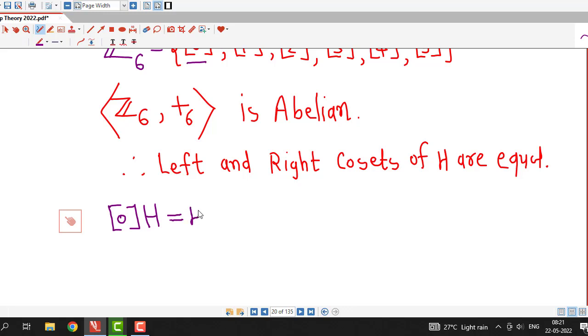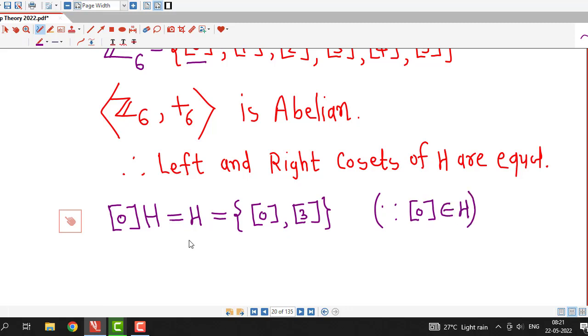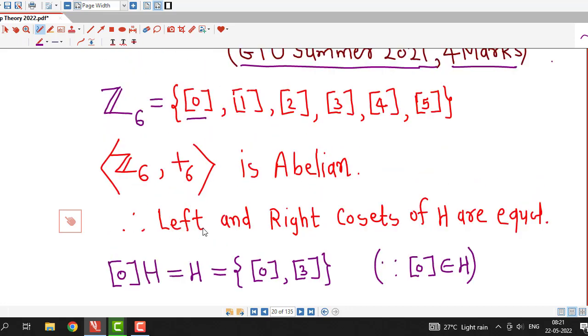So this is equal to H itself, and H has two equivalence classes, 0 and 3.